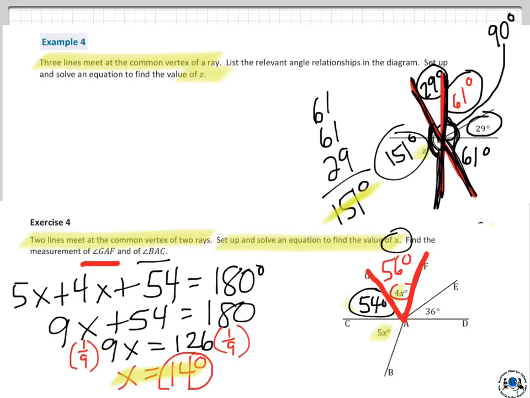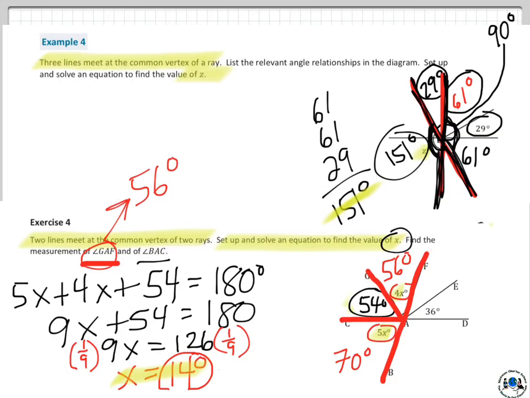So we have GAF as being 56 degrees, just by plugging in our x. And the next one they wanted us to find was BAC, which is 5x. If we multiply 5 times 14, we get 70 degrees.